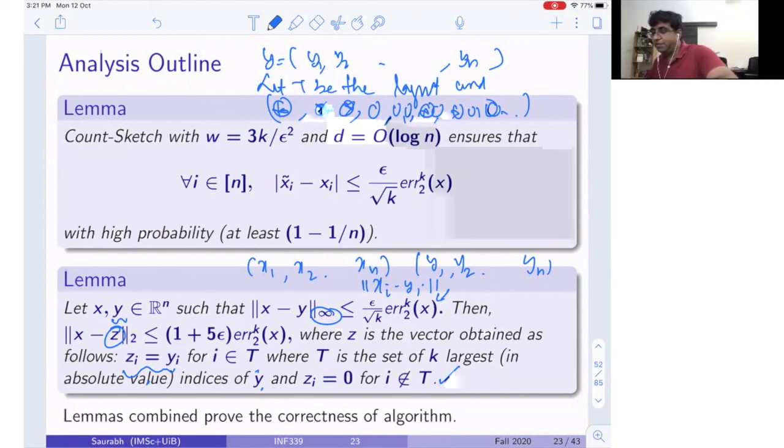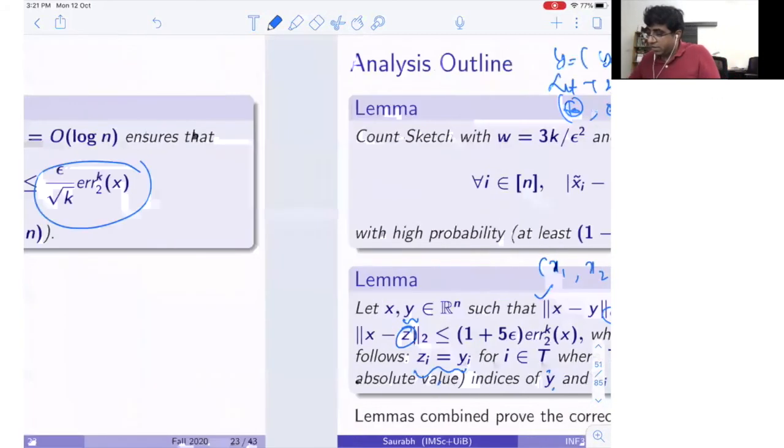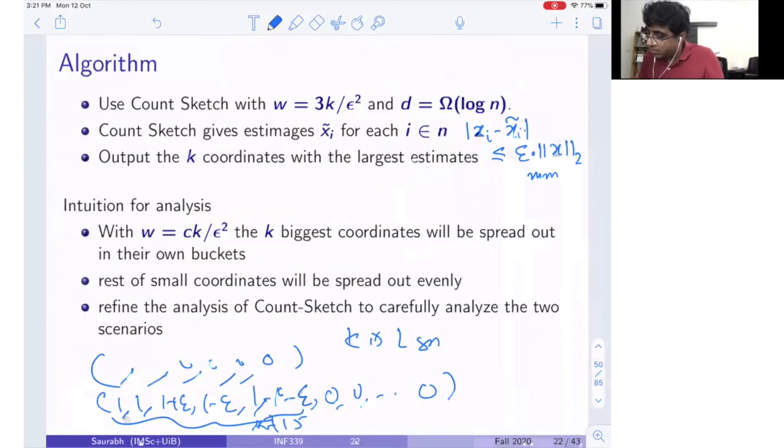So once I have these two lemmas, we will be able to say that our algorithm is correct, right? Because our first lemma will guarantee that in terms of infinity norm this happens, and then the second lemma will apply to the z which we constructed, right?